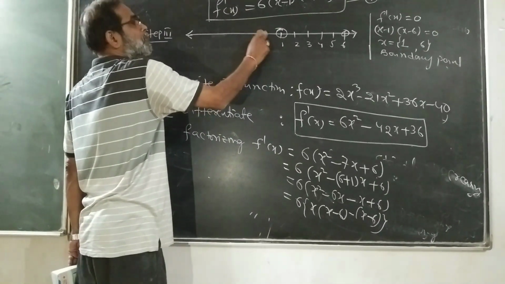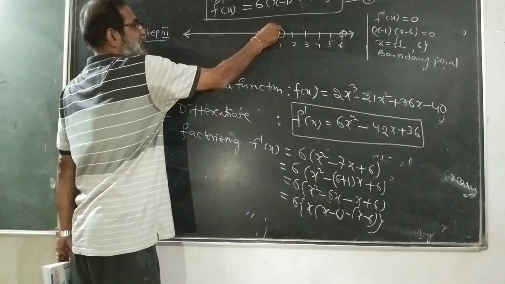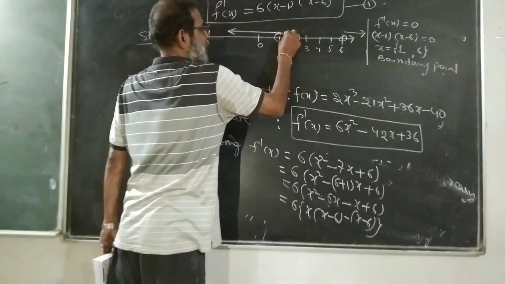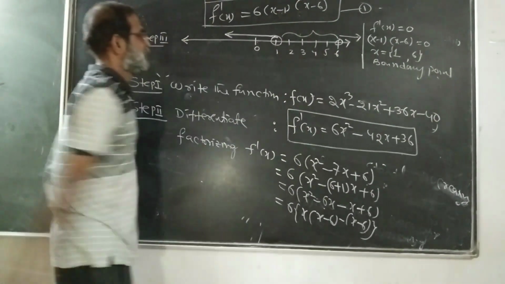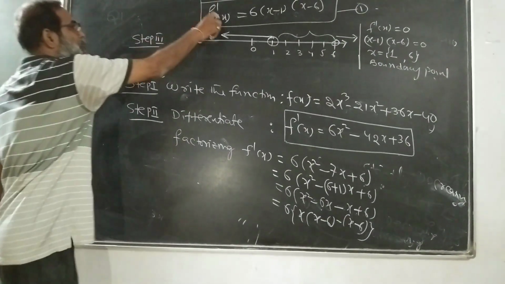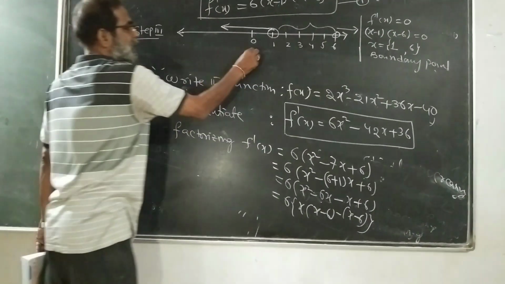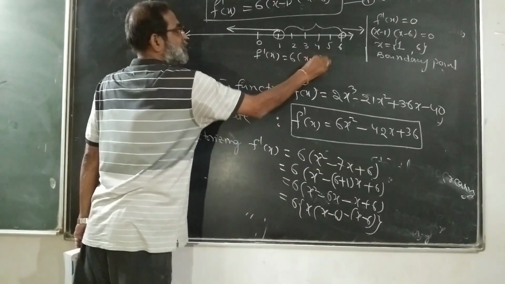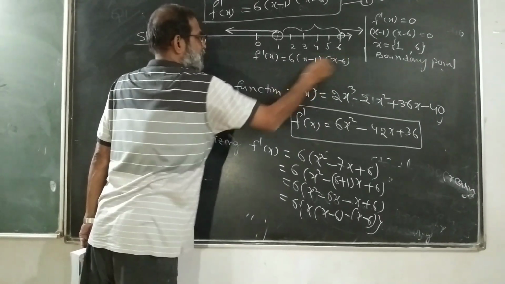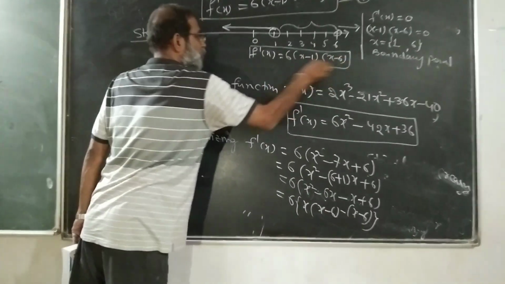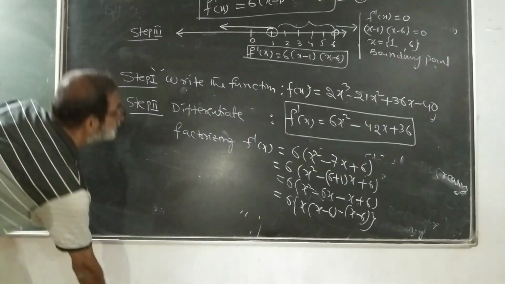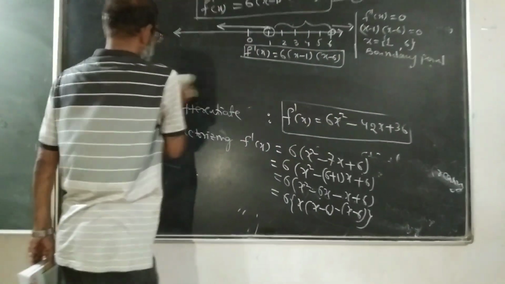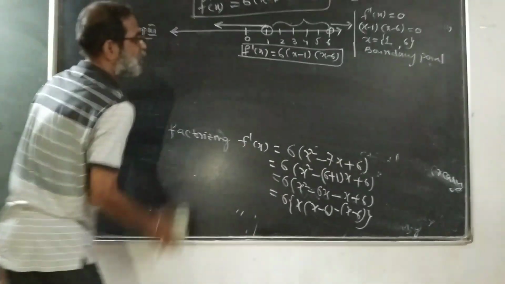Suppose 0.5. Check all the points on this side, this side, and the middle points. Here f dash x is equal to 6 into x minus 1 into x minus 6. Note down just below it, otherwise you will forget.